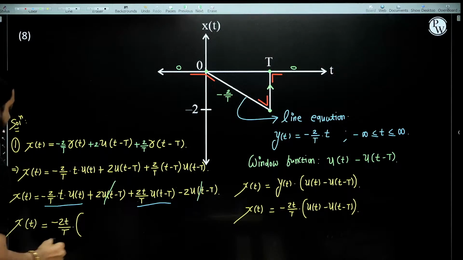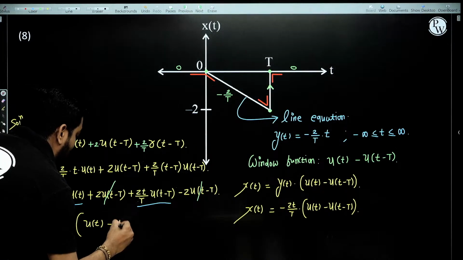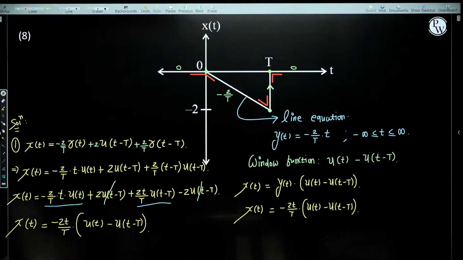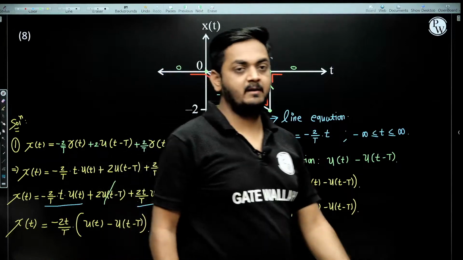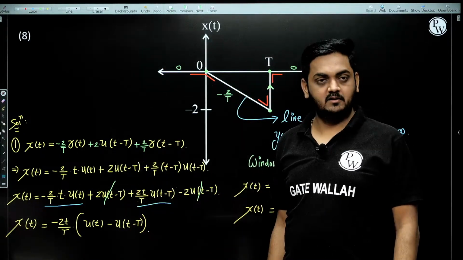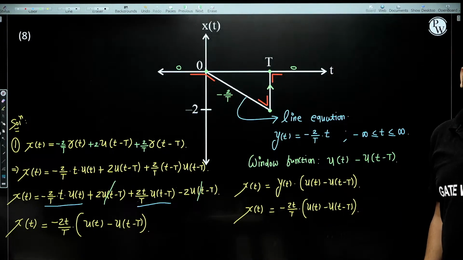The bracket will be u of t minus u of t minus capital T. So we got the same answer, guys. Correct? So this is also a valid method, and directly by window function also you can do the same and get the same answer. Fine.